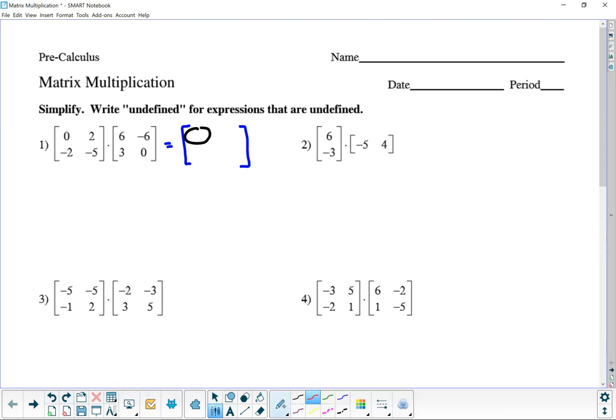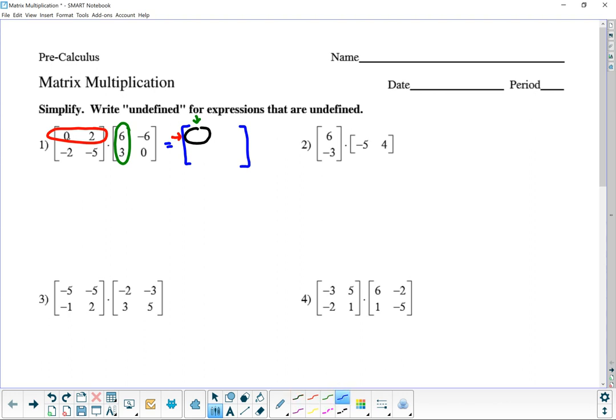Sorry, let me do this again. So this first spot is the first row, and it is the first column. With the first matrix, we will only be using rows, so this is the first row. And with the second matrix, we will only be using columns, so this is the first column. Then you just do the math.